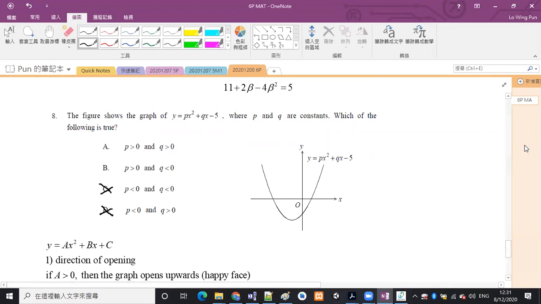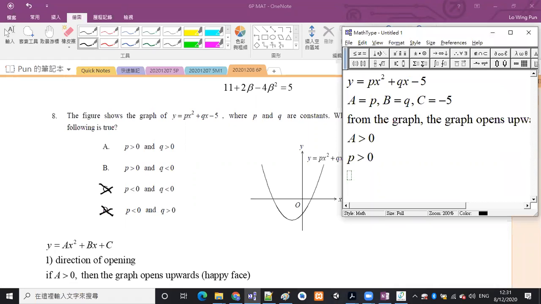Okay, next it's a bit more troublesome, we look at the vertex. P is larger than 0 because the formula A is P, right?